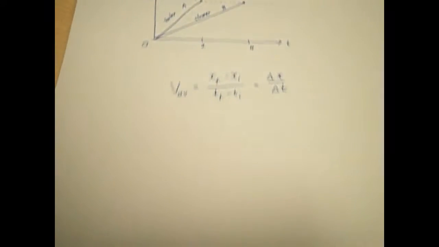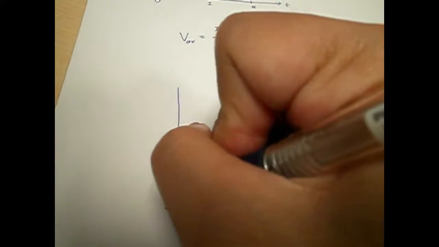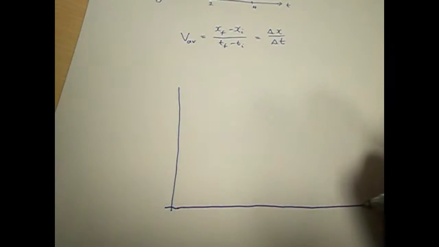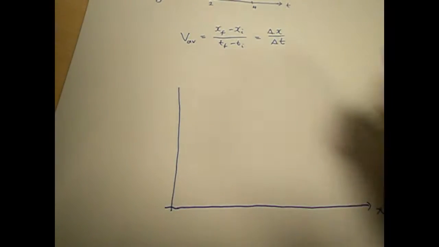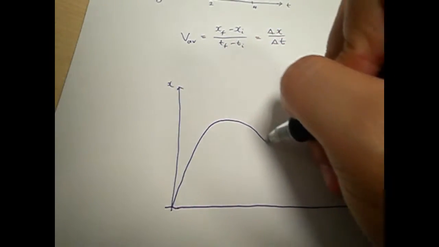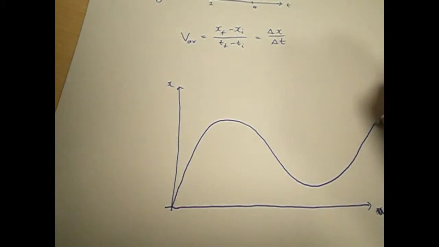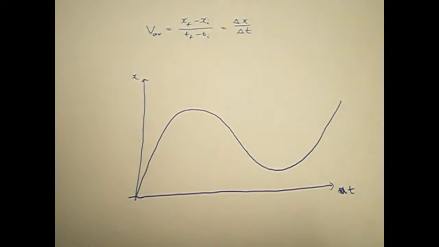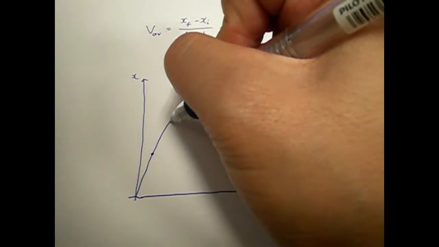Now, what about cars that are not moving at constant speed? Take, for example, an object that moves like this. As time moves on, this object moves away from its starting point fairly quickly, then turns back for a while before turning around yet again to go away from the starting point. For a motion like this one, the average velocity will be different depending on which interval you evaluate.